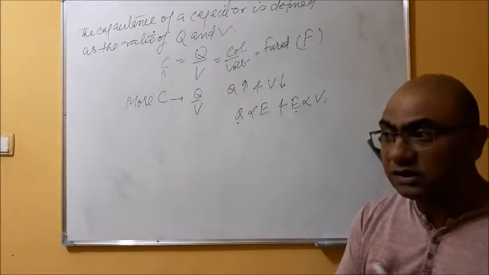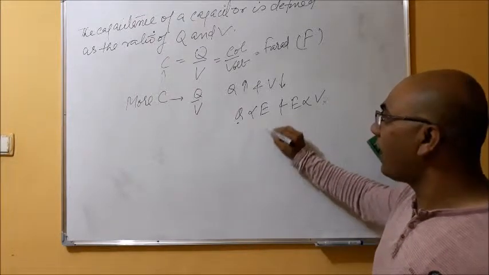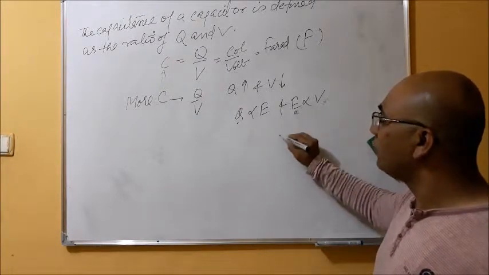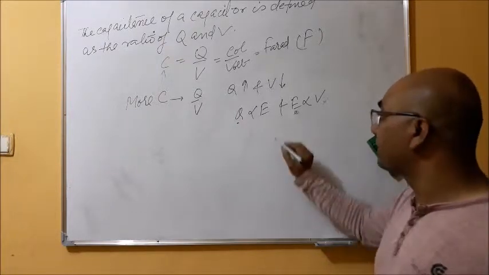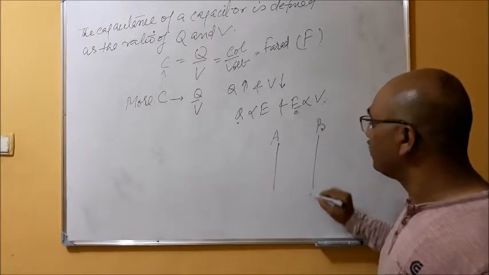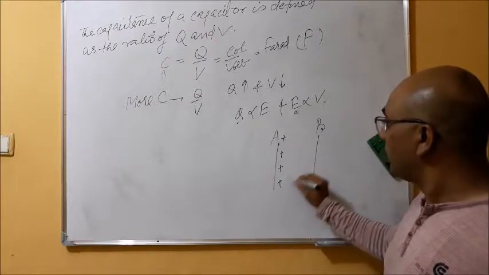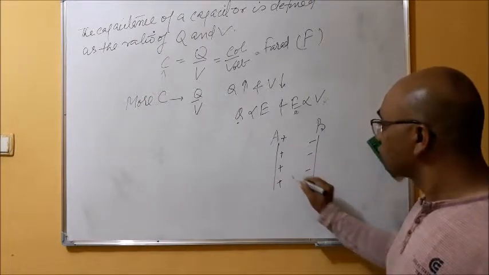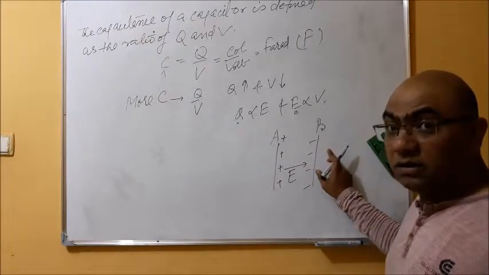Now see the next concept. If I am increasing the value of electric field between the surface A and B, suppose I am denoting like this, here plus Q, here minus Q. So what I am doing, I am increasing the value of charge, right?